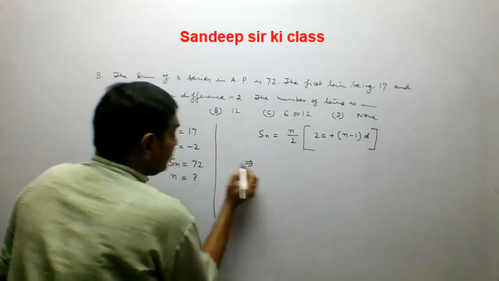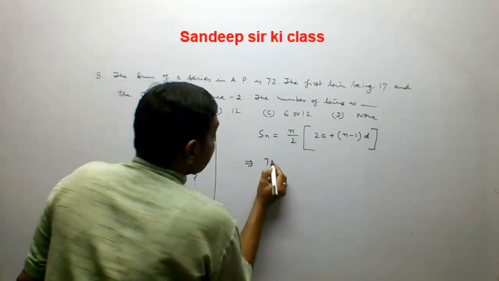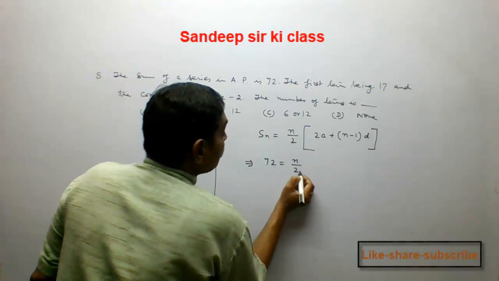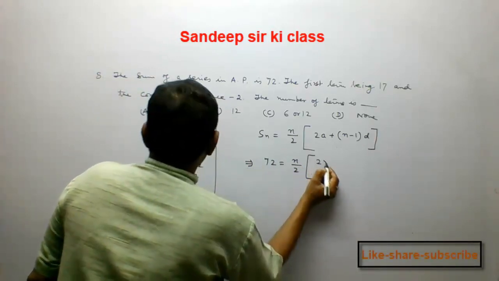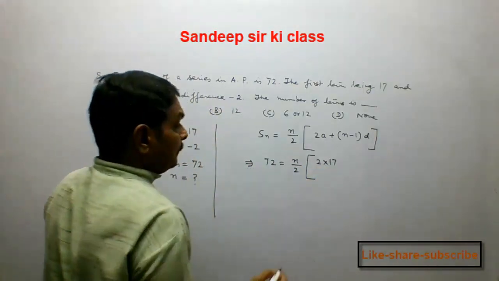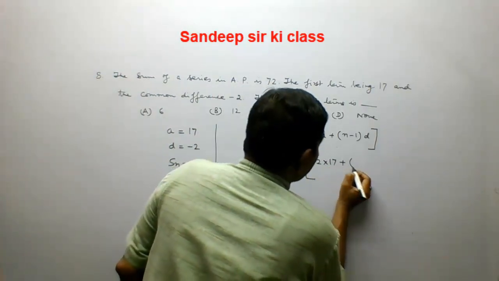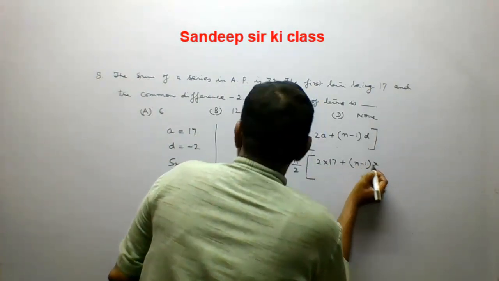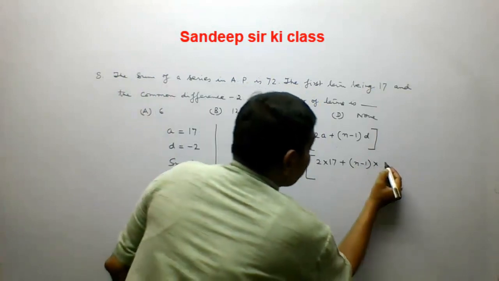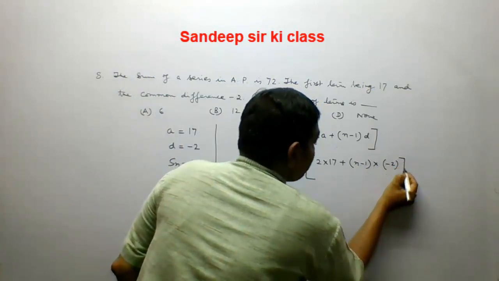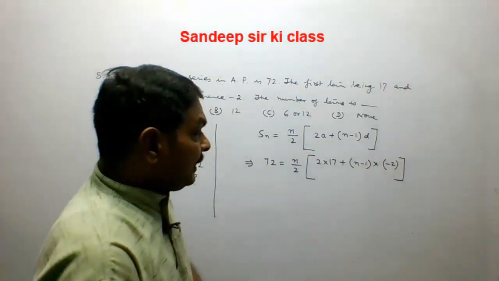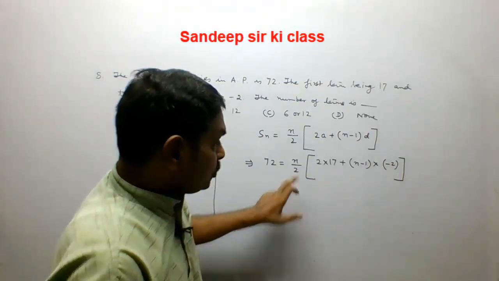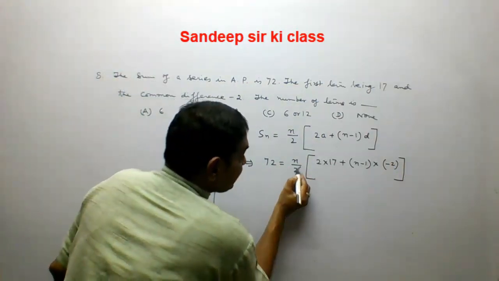Put the values. 72 is equal to n upon 2 into [2 into 17 plus (n minus 1) into minus 2]. Now 2 can be taken common, which cancels this 2.